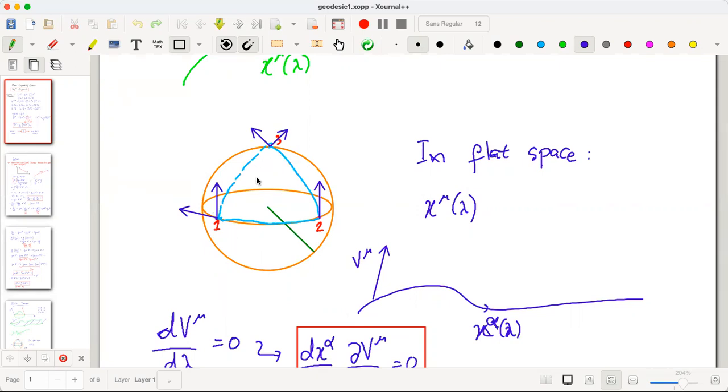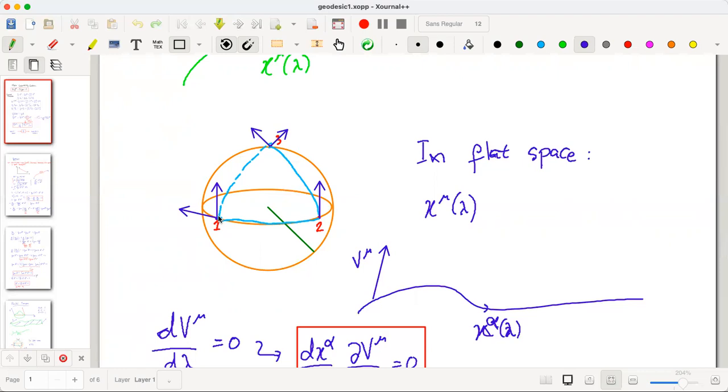Now I can transport any arbitrary vector, and in this case the vector is a tangent vector. Let's say this is the vector, starting at point 1. I want to transport this tangent vector along this closed loop, starting from 1 and eventually going back to position 1 again.